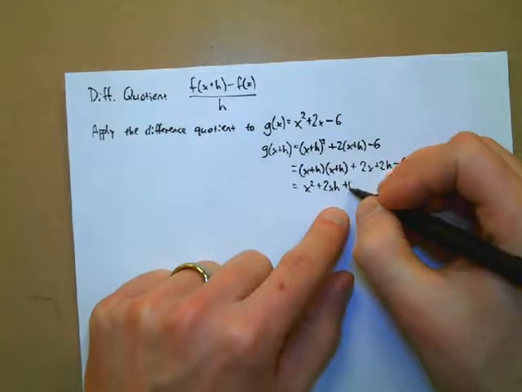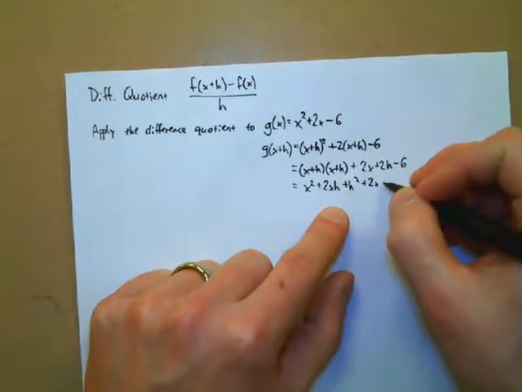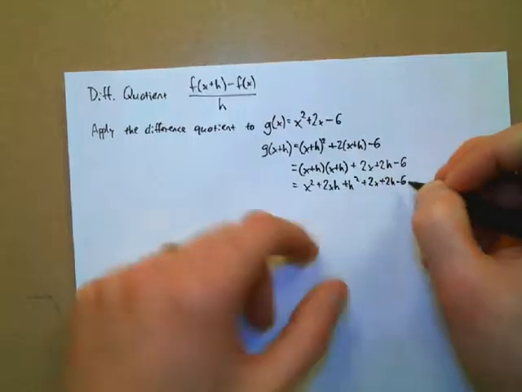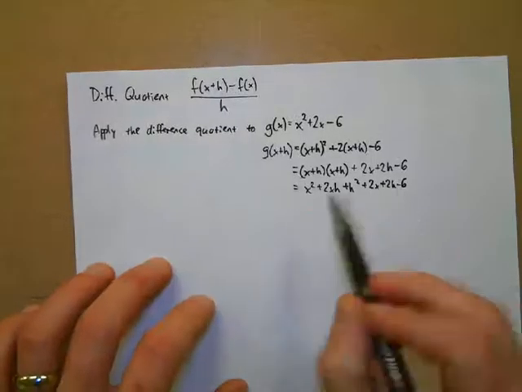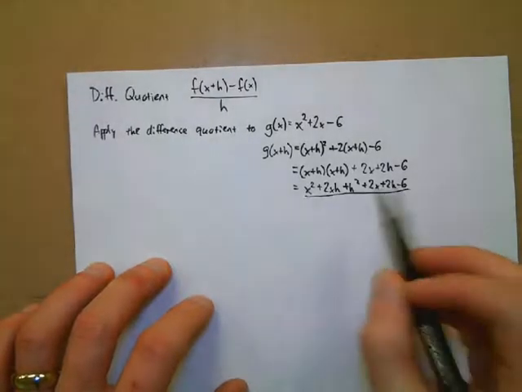Now, if you look, there's no like terms to combine, so this entire thing is going to go in for that f of x plus h. So I'm going to rewrite it over here: x squared plus 2xh plus h squared plus 2x plus 2h minus 6.